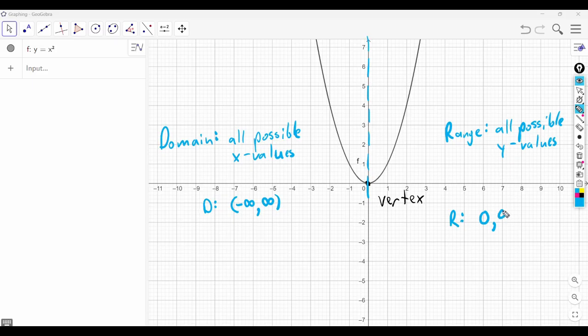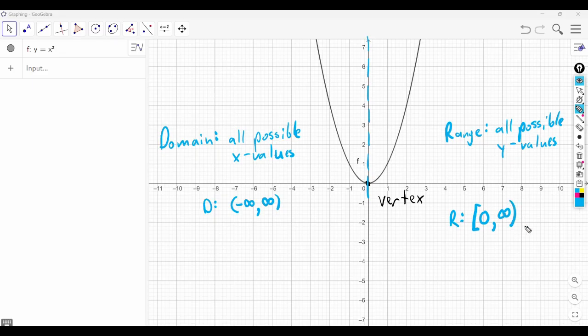0 to infinity. Now, because y can actually be 0, if you put in x equals 0 in that equation, you get y equals 0. So that's why you put a square bracket. If it had to be y bigger than 0 but not equal, you would use a round bracket. And there are some functions that are like that, but not this one. So square bracket on the 0, round bracket on the infinity.